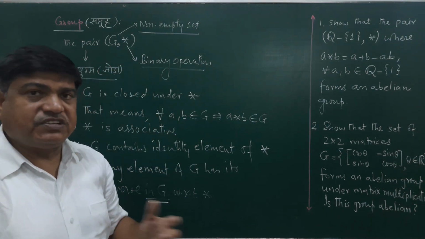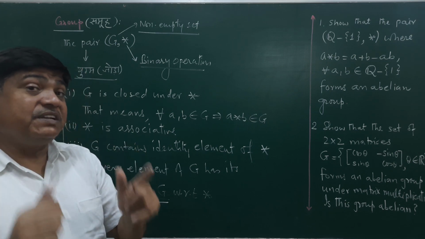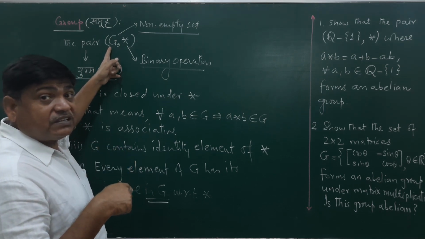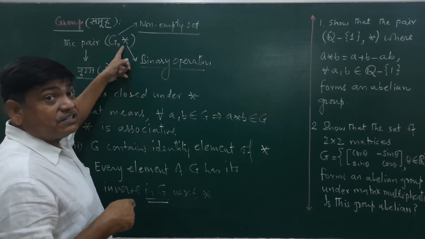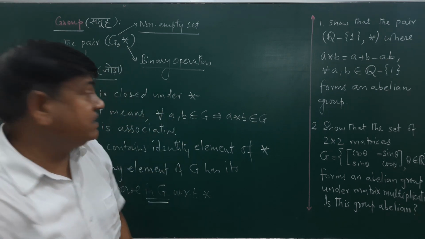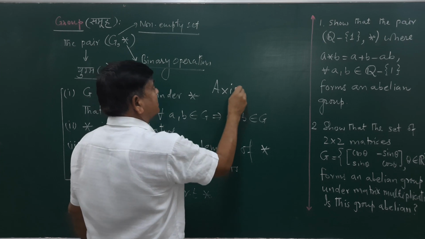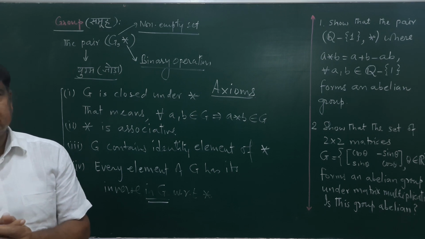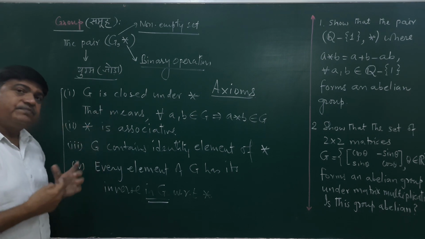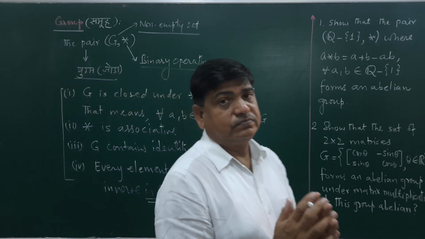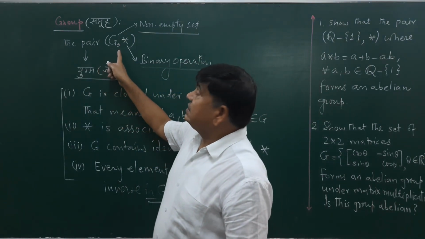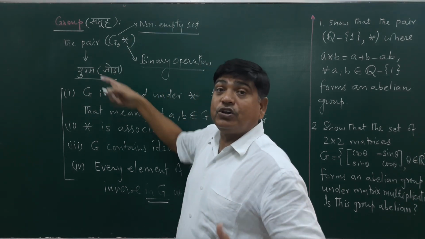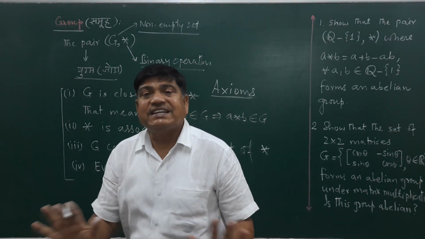Group is an algebraic structure. यदि ये algebraic structure है, ये बीजीय निकाय है, तो तीन बातें हैं. नॉन एम्प्टी सेट होना चाहिए जो कि यहाँ पर जी है. बाइनरी कंपोजिशन होना चाहिए जिसको मैंने स्टार से डिनोट किया है, और कुछ प्रॉपर्टीज को वो सेटिस्फाई करते हैं जिसको हम एक्सिम्स बोलते हैं. जी के लिए ये एक्सिम्स है. ग्रुप एक्सिम्स भी बोला जाता है इसको. So the pair of non-empty set G with binary composition is called group if these properties are satisfied.